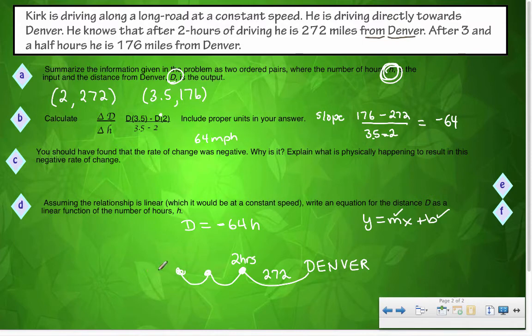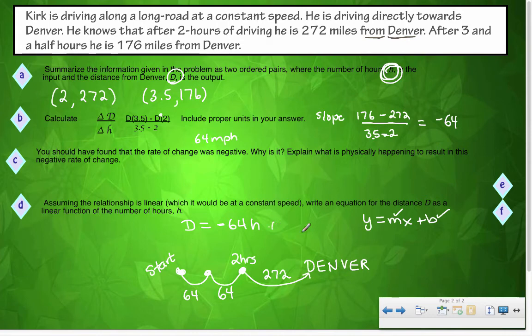Here's my starting point. And I just figured out I was going 64 miles per hour. So that means this first hour, I must have been going 64 miles per hour. And this second hour, I must have been going 64 miles per hour. And then I realized I have 272 miles to go before I get to Denver. So if I add all these three up, that's how far I was away from Denver to begin with.